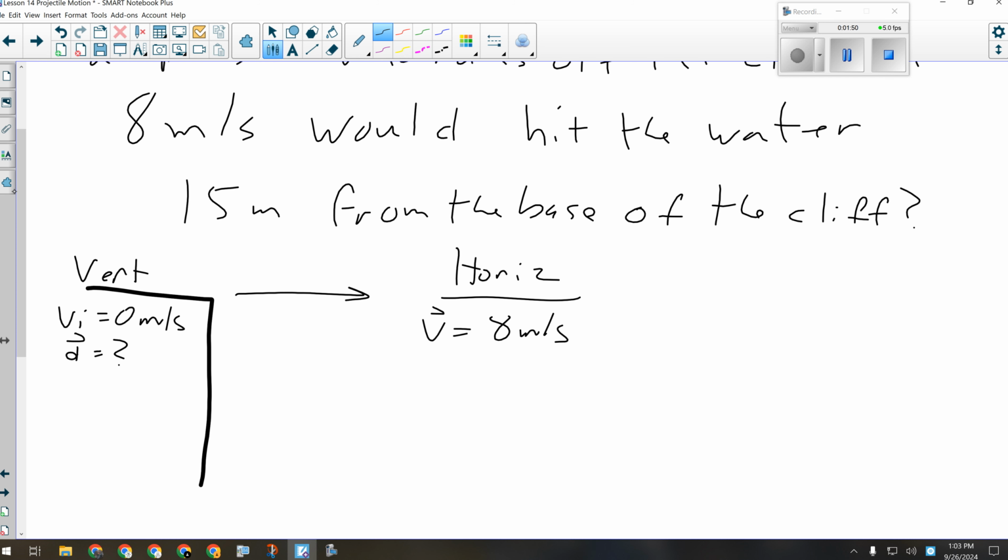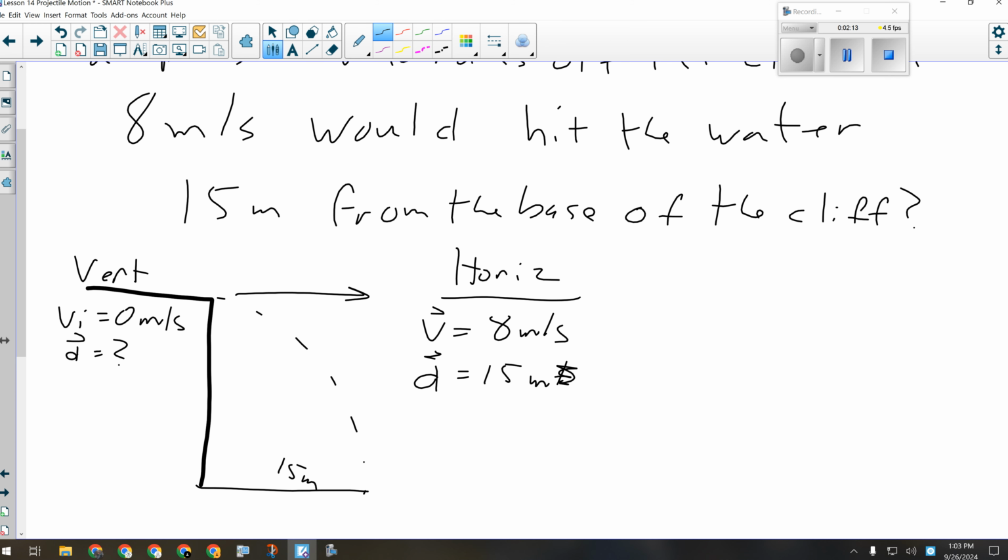Horizontal or vertical? That one's horizontal. They traveled this far, 15 meters from the base of the cliff. That's how far they traveled horizontally. So, 15 meters.